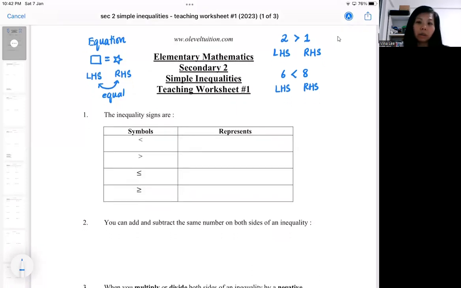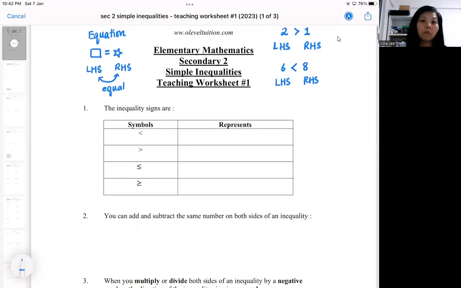Before we go there, I'm going to introduce a symbol, and after that I'm going to show you some numerical questions. This symbol represents is less than.